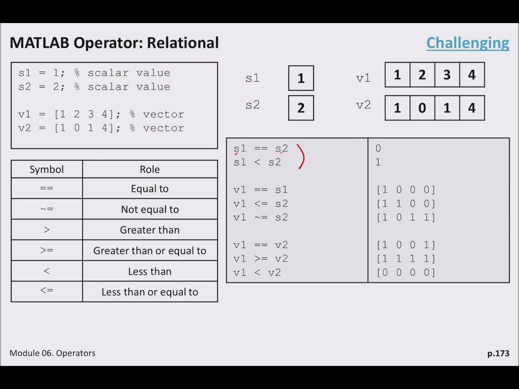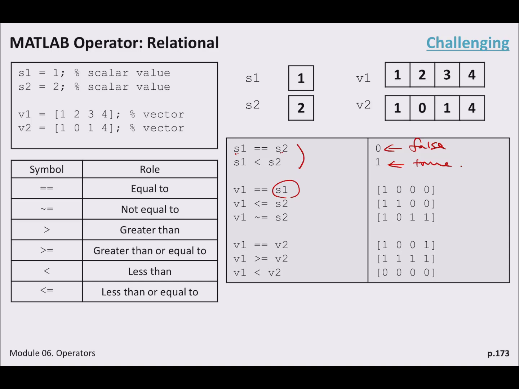S1 is not the same, that's why it's false, right? S1 is smaller than S2, that's why it's true, right? So we can use the same operator between a vector and a scalar. Okay, this is not scalar and scalar. How does that work? This is also element-wise operation between the elements in the vector or the matrix and this scalar.